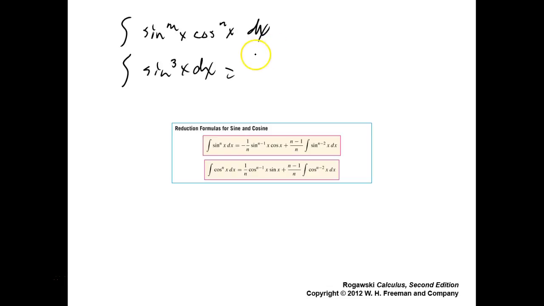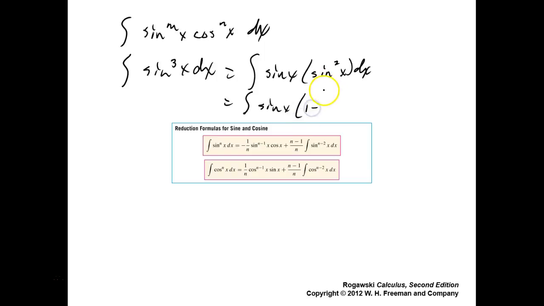So here's our technique, and we started exactly the same way. We split this into sine of x times sine squared of x. That's sine cubed, right? And do this as an integral of sine x times 1 minus cosine squared x dx. Now, this can be written this way.